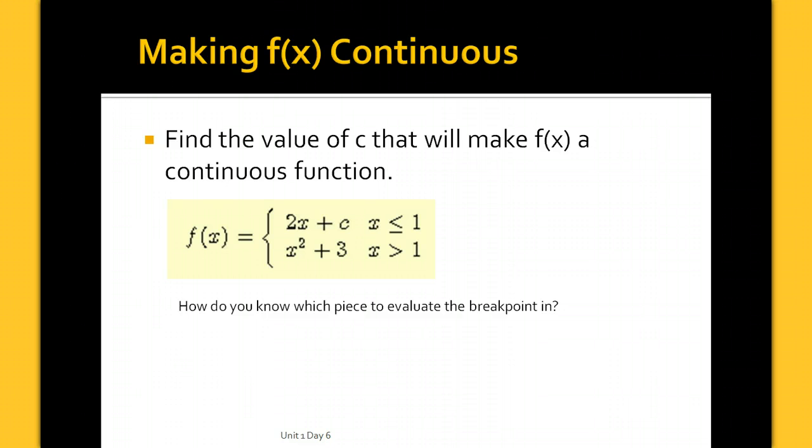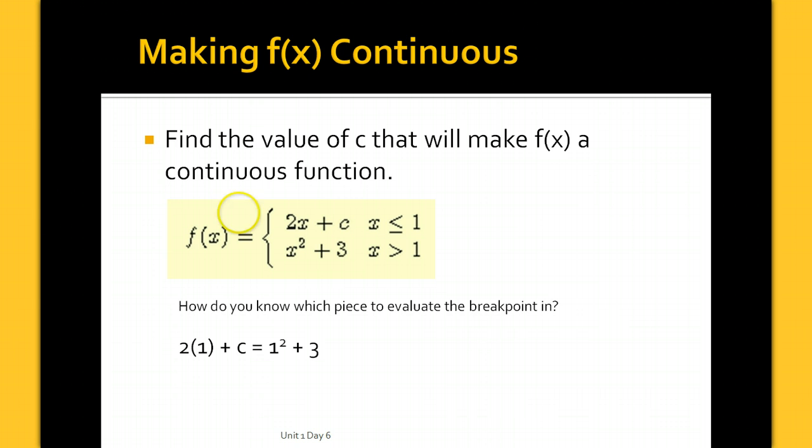So how do we know where to plug one in? Do we plug in the first piece? Do we plug in the second piece? So we are going to evaluate this function at 1 in the first piece, because that is the piece that says when x equals 1. So we plug in the 1 for x.